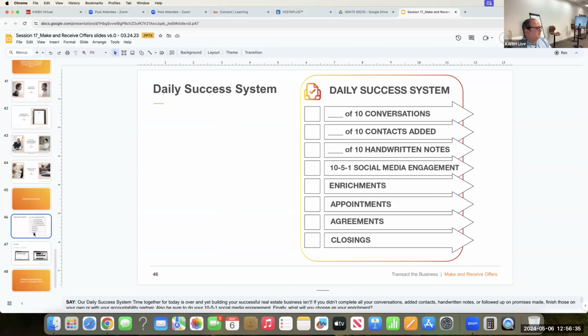It hurts me when I see an agent working with one person over and over, and not working with anyone else at the same time. Because if that one person doesn't buy or sell, they're going to be in a world of hurt. You need to always be looking for new ones. That's just what we have to do. Talking to people, most important thing, always.